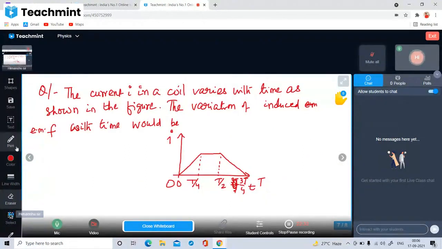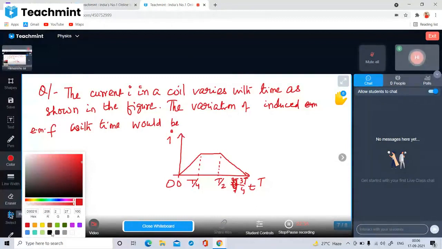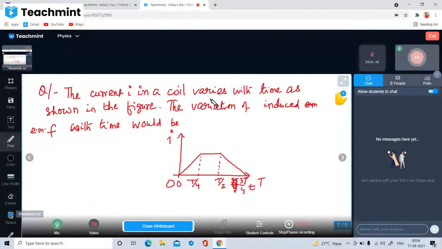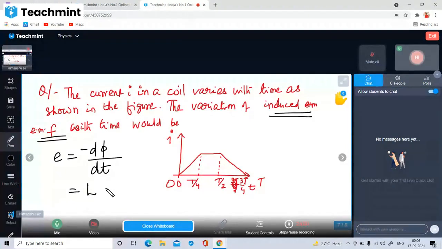So first, what we know, what is asked, what is given. Current in the coil varies with time. You are talking about induced EMF. That means E. So we know E is equal to minus d phi by dt. And for current variation, we can also write E is equal to minus L di by dt, isn't it? Of course.